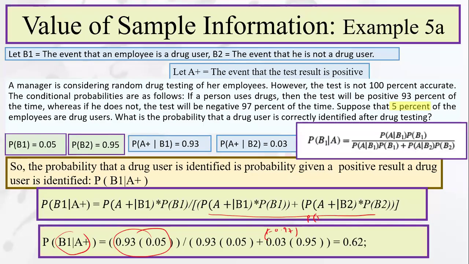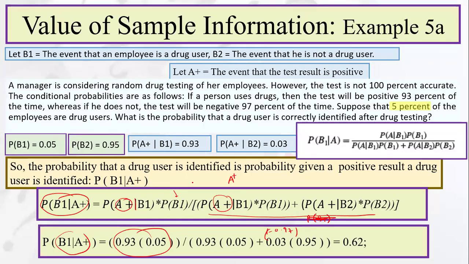Probability of B1? No, sorry, that is probability of A plus. Look at it here, this is what you're producing. A plus given B1 and probability of B1 divided by probability of A plus. It is A plus, not A minus. I think you should have written it like that rather than this.